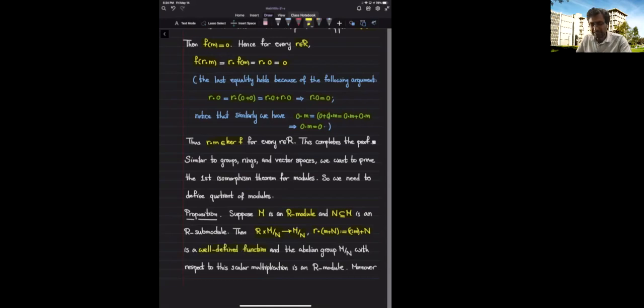As soon as we show that it's a well-defined function, because we are doing a scalar multiplication and addition with respect to the coset representatives, it is rather easy to see that with respect to this multiplication, M over N turns out to be an R-module. And we call it the quotient of M over N, or simply M mod N.